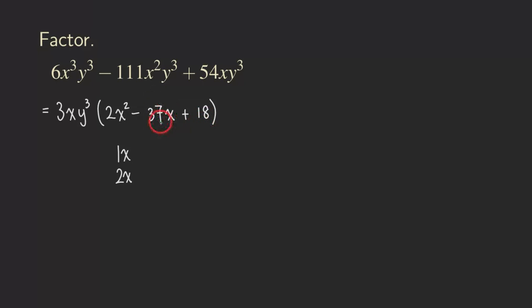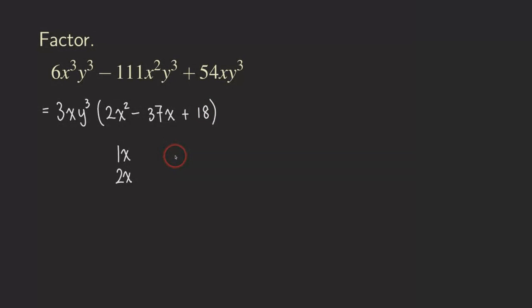The 37. See that the 37 is significantly larger than the 2, and then it's somewhat far away from the 18. So if you have like a 21 here, then I will probably just try the 2 and the 9. But because this number is also quite far away from the 18, okay, then we should try the extreme case and see what happens.